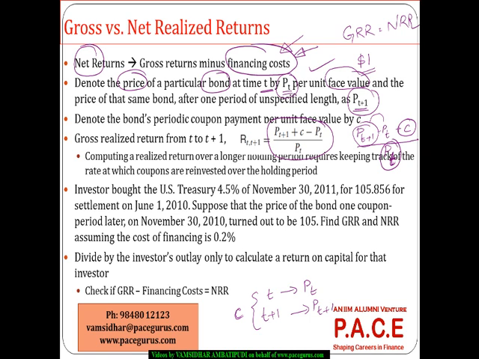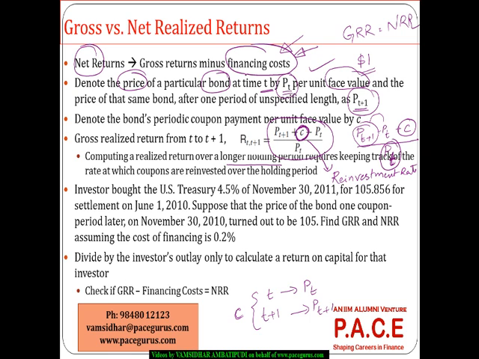Now the same thing I can look at over a longer holding period also. Multiple periods I can also compute, but this requires that I keep track of the returns for each of the periods, and even for the coupon that has come out, I have to look at the reinvestment rate.